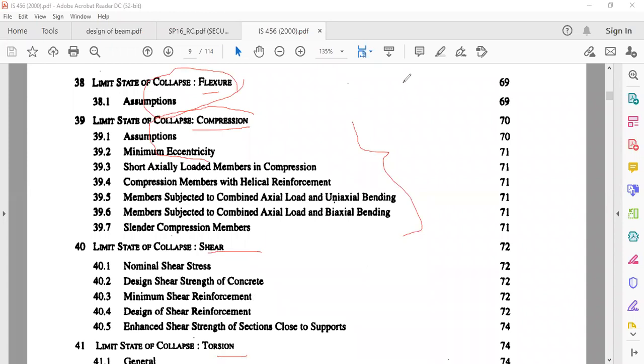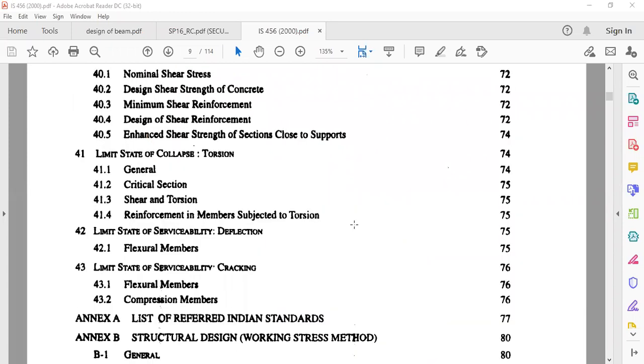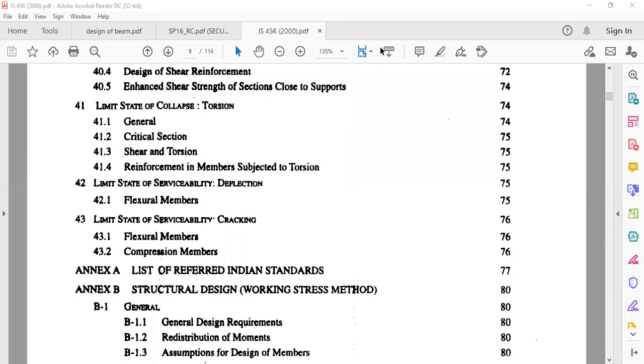Because of the different effects, there are different criteria. And you can see there is also the limit state of serviceability, where deflection, and cracking are also there. And what are the referred Indian Standards? These Indian Standards have also been referred.